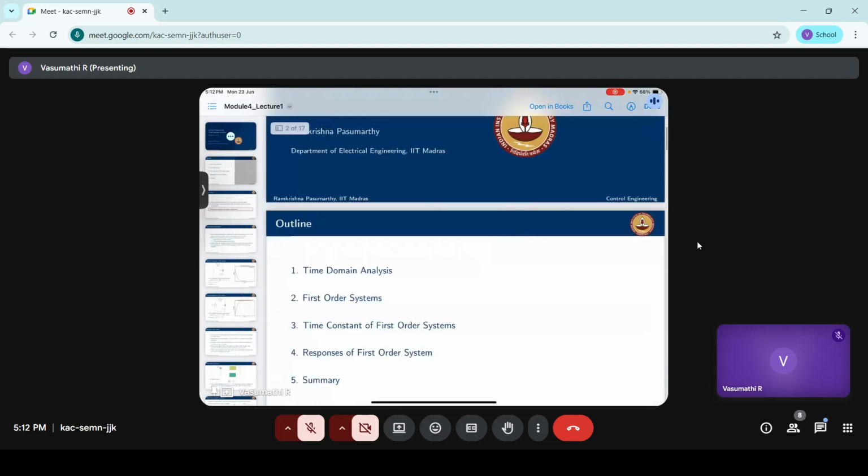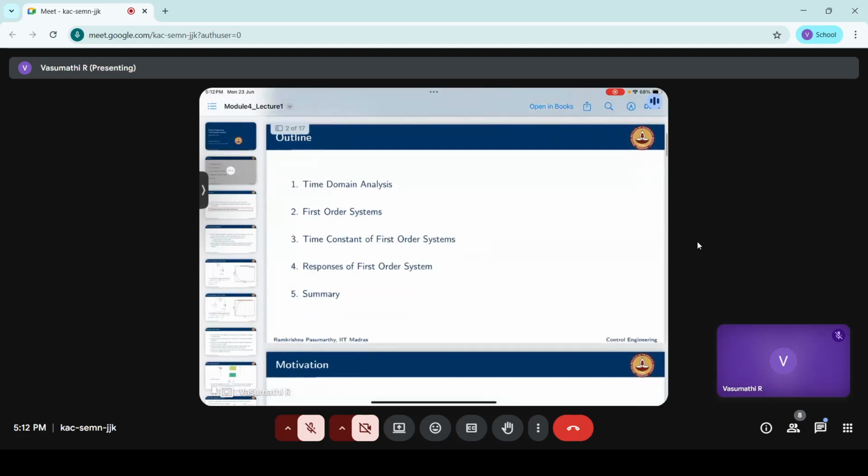Last Friday we solved some problems based on time response analysis and steady state error. We'll try to solve more problems in that domain.